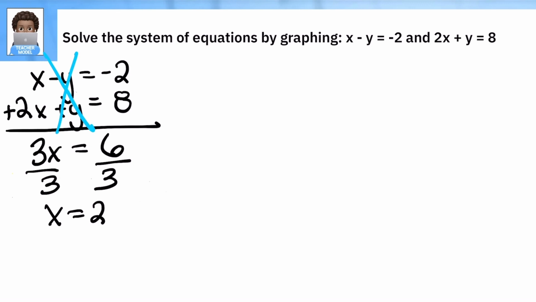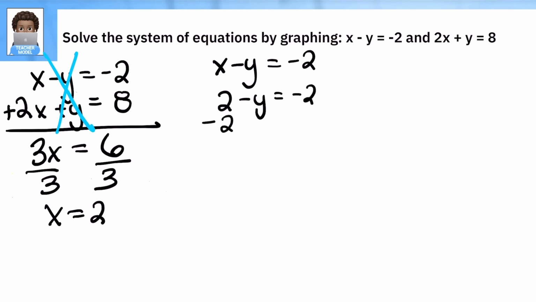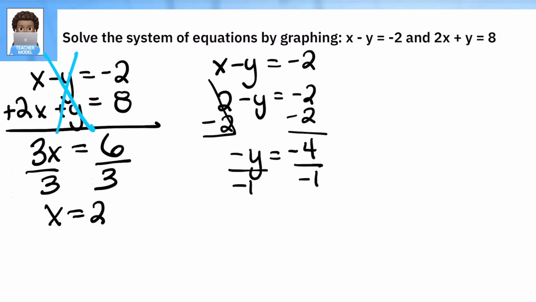Now I can substitute x for either one of these. I'm going to do x minus y equals -2. So 2 minus y equals -2. Negative y is equal to -4, and I just want y equal, so I'm going to divide both sides by -1. y is equal to 4, and there we have it, my friends.